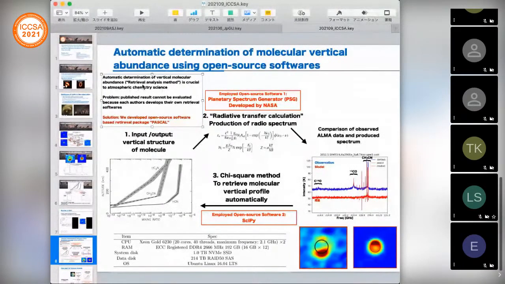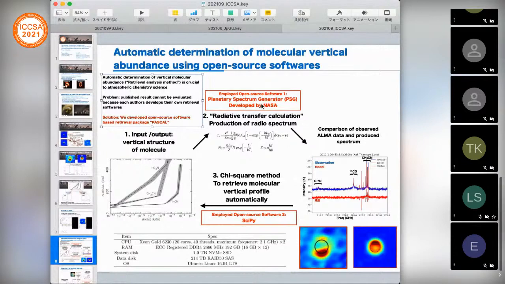What is retrieval is shown here, but automatic determination of vertical molecular abundance is called retrieval analysis in atmospheric chemistry science. But most authors use their own retrieval analysis, so their results cannot be evaluated. So the combination of open source software is very important, we think.